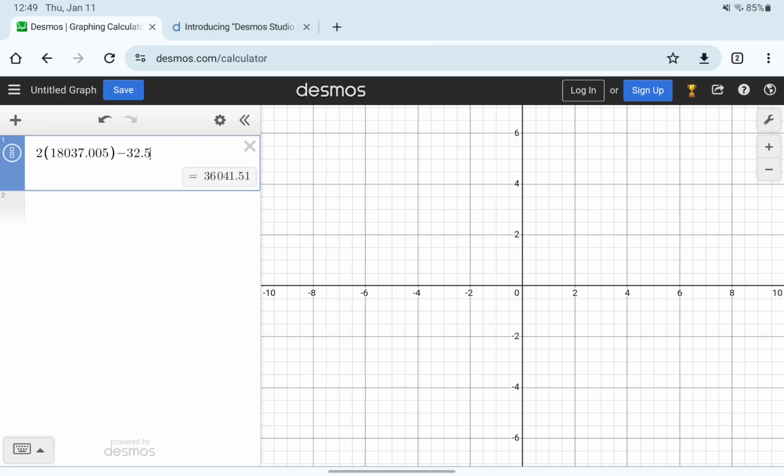Minus 320.51 gives us the purchase price of that new vehicle. No, actually it's off. So do I have a typo in here? Yes, I am missing a 0 there. So we'll change that to 320.51. And now we see that that comes out to the purchase price that we were given in the problem.